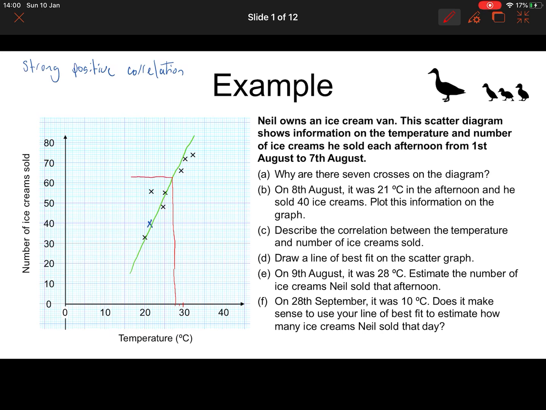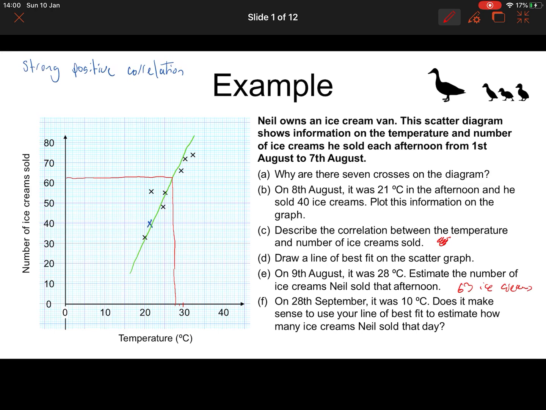So we use a ruler. I can't use a ruler, you will use a ruler. Best estimate, I think, is that we're going to sell about 63 ice creams. About 63 ice creams. So we can use this kind of maths to make predictions. Okay, obviously we're not necessarily going to get it right, but we would hope that my prediction is somewhat accurate.